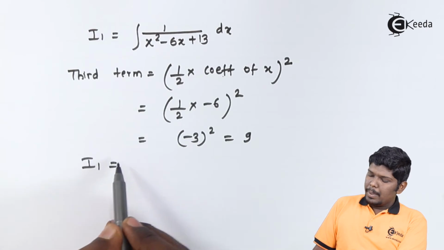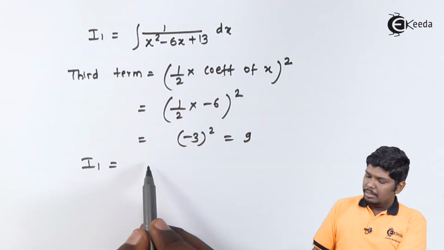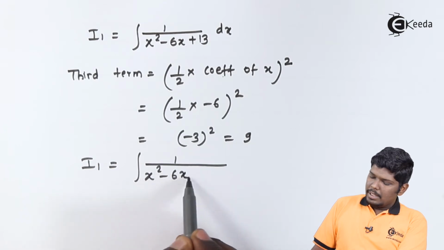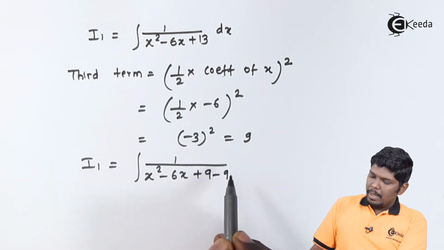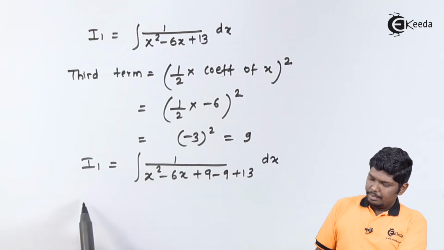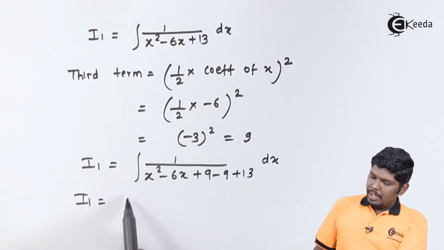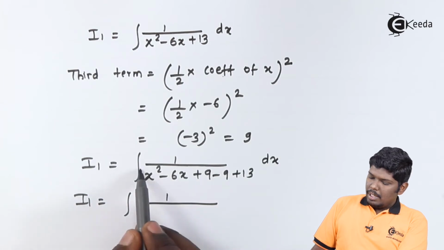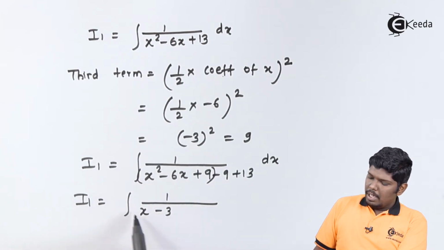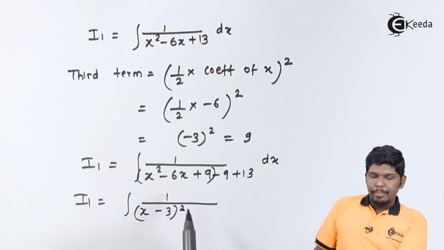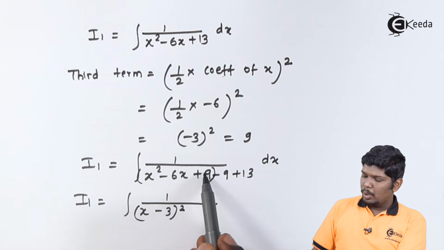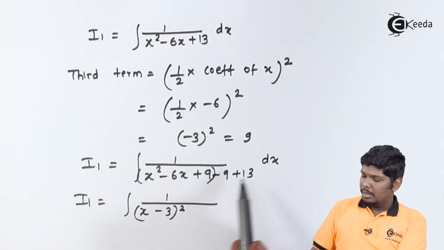Now let us add and subtract this third term in the denominator. This will give you 1 upon x square minus 6x plus 9 minus 9 and we have plus 13 left. I1 is, these three terms can be reduced to x minus 3 the whole square, as square root of first term is x, sign of second term is minus, and square root of third term is 3, the whole square.